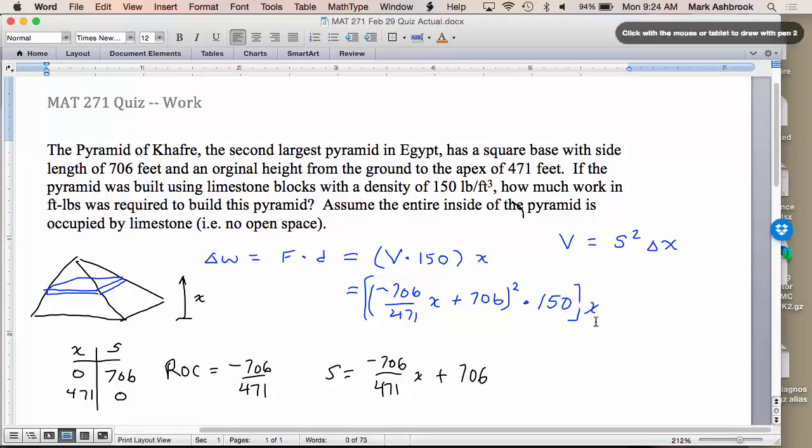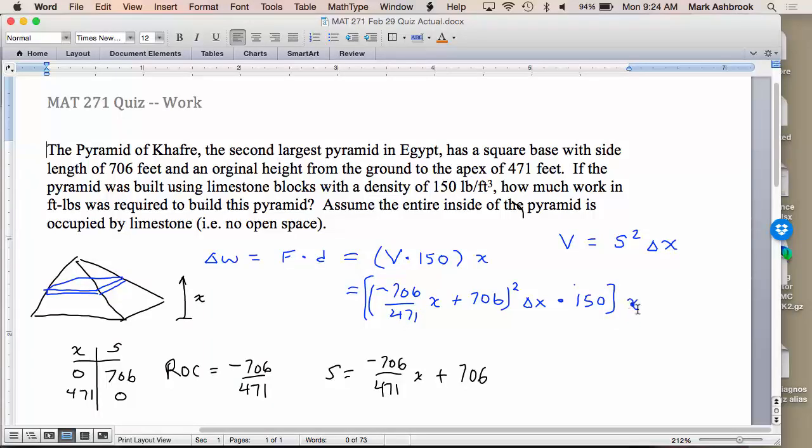Oh, wait, that's not right. What did I miss? That's just area, right? Volume, right? Volume times delta x. That's my volume. I need the delta x to be the little height of the layer. And then times my density gives me the weight or the force of that layer.